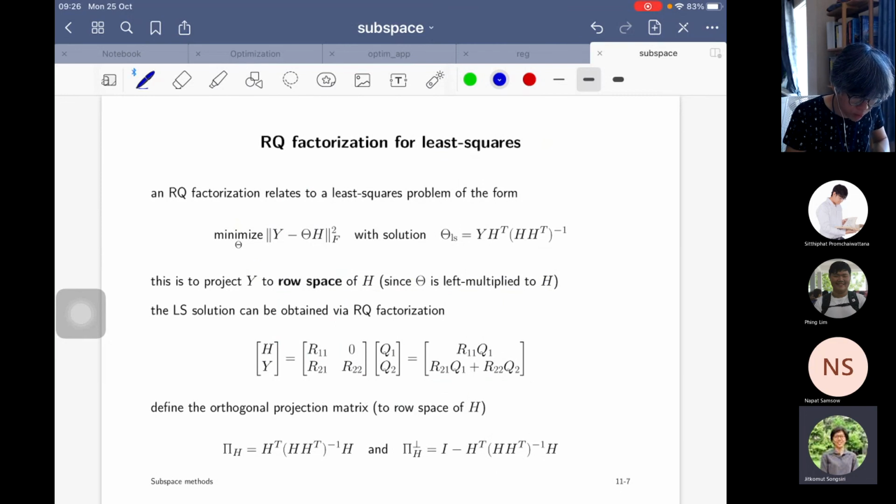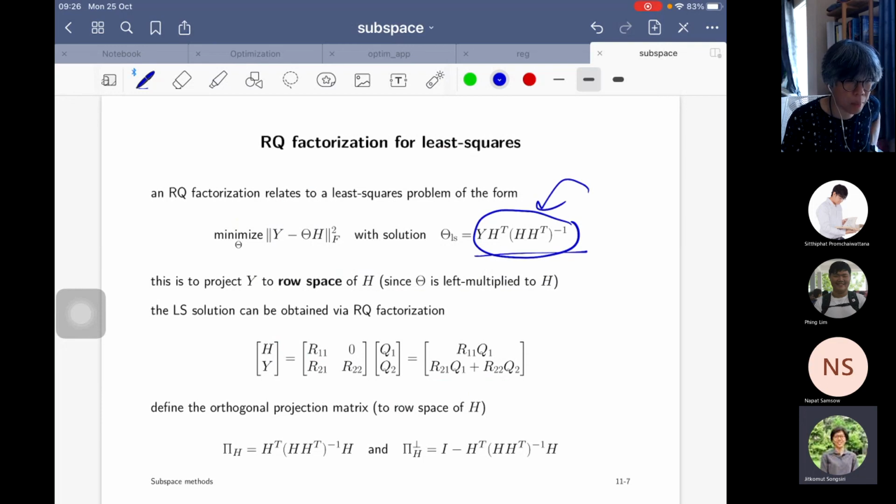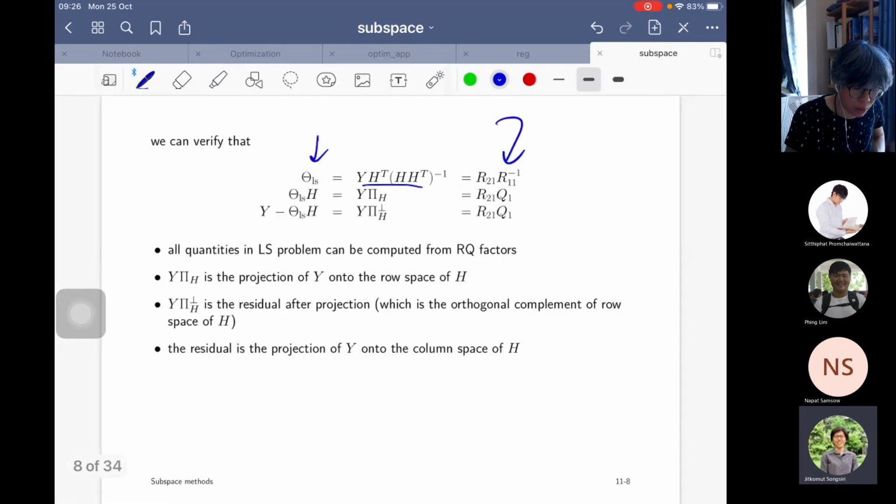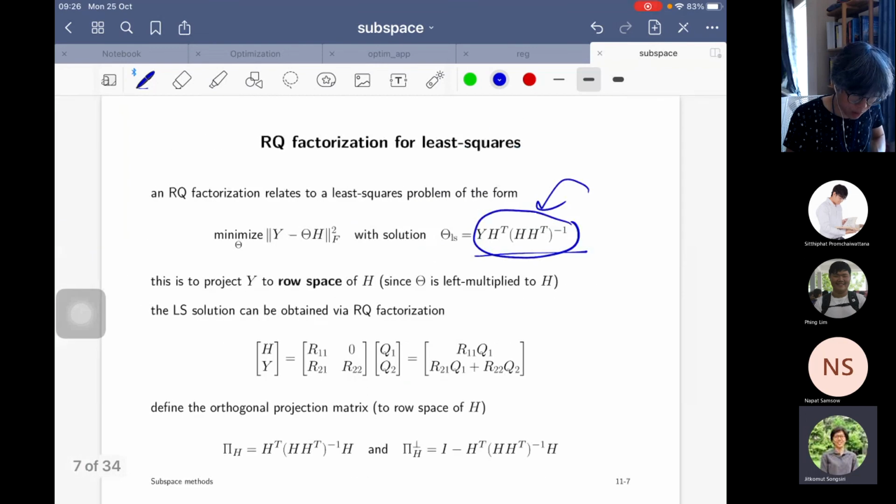First of all, let's see. I'm going to show this expression, the least square estimate, theoretically given by this expression. I'm going to show that it can also be obtained from the RQ factors. So first of all, let me calculate H transpose.